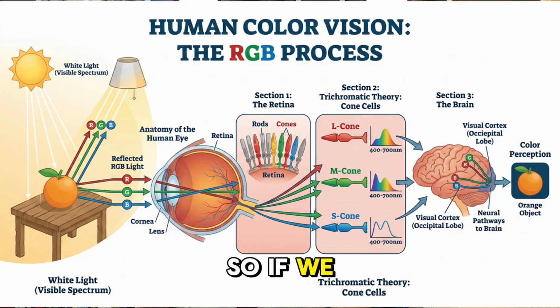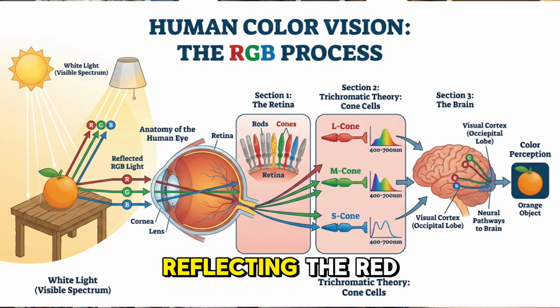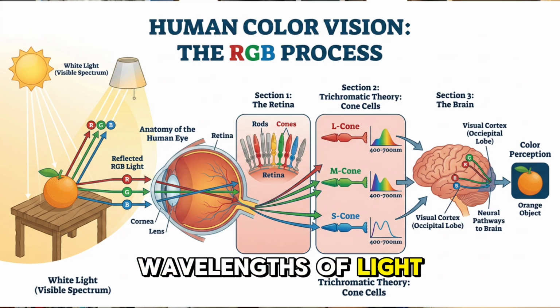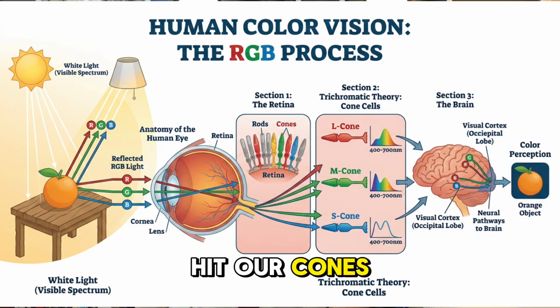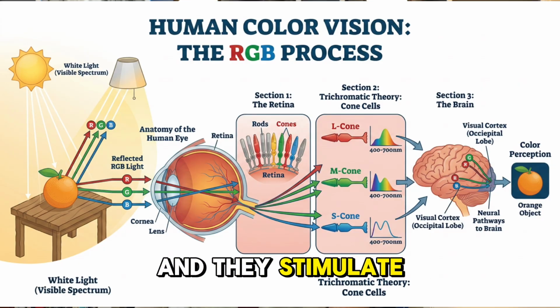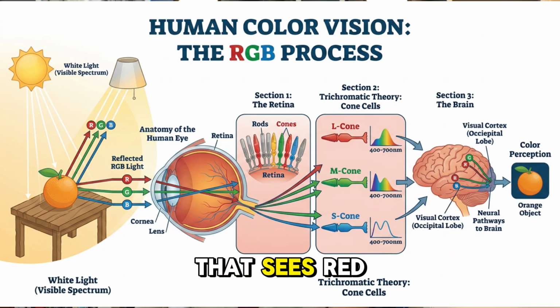So if we see something that is pure red, the reason we perceive it to be red is because red, green, and blue wavelengths of light are hitting it. It's absorbing all of the green and blue wavelengths, reflecting the red wavelengths, and those wavelengths hit our cones and stimulate the cone that sees red. It doesn't stimulate the cones that see green and blue.